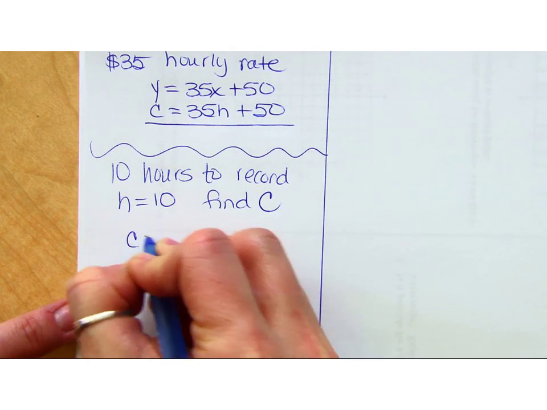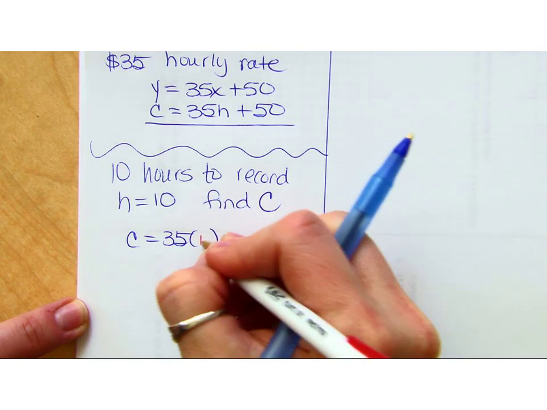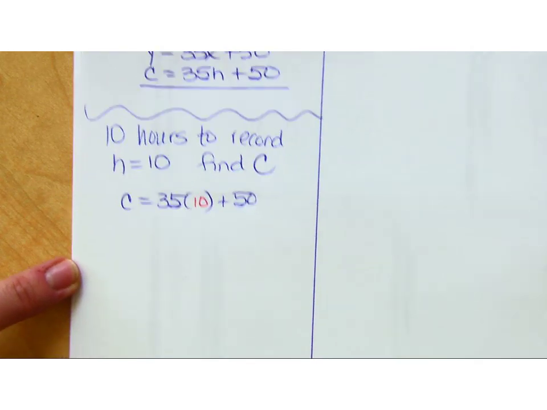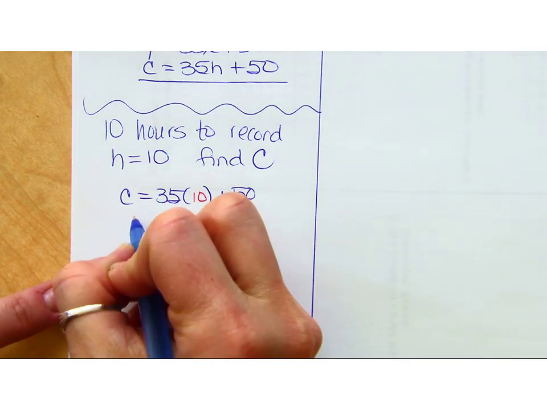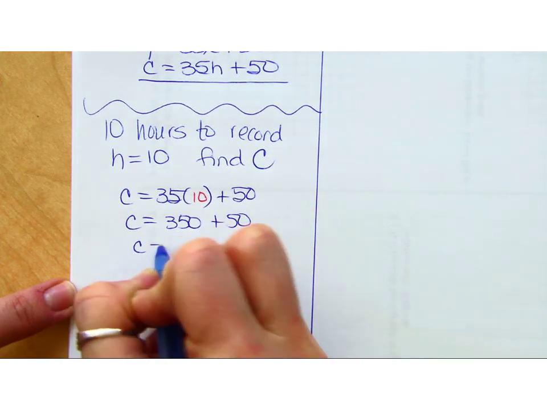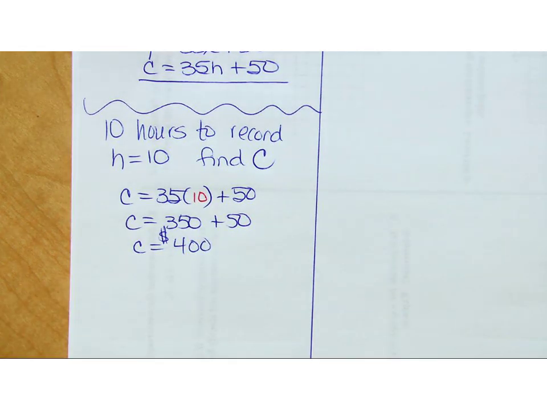I'm going to put C is equal to 35 times 10, and then don't forget about that $50 rental fee. So I'm going to have C equals 350 plus 50, and my cost for 10 hours is $400.